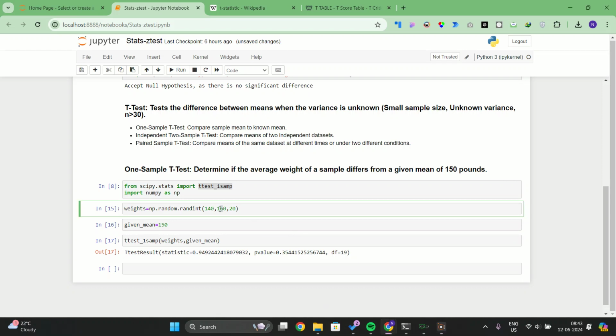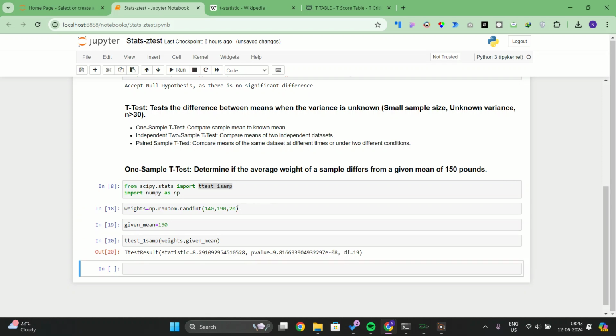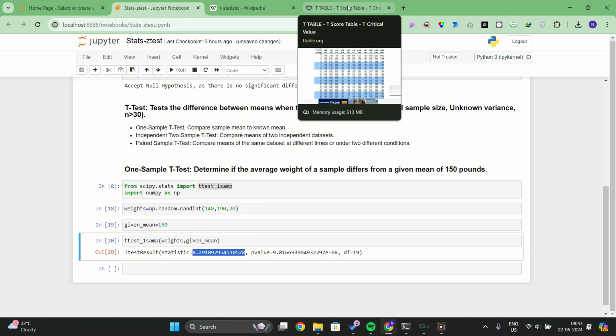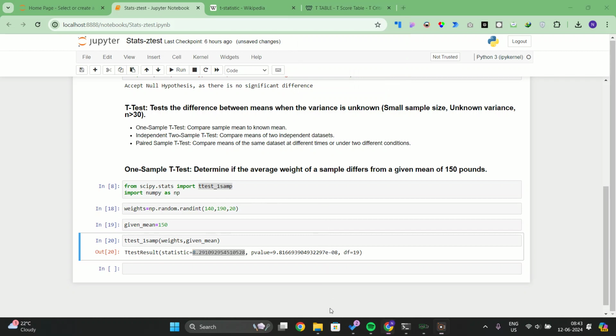No, actually, let's try to increase it here. Yeah, I think we got the p-value much less, so there's a significant difference. So anyway, we have the t statistic, the p-value, and the degree of freedom. The t statistic here is 8.29.